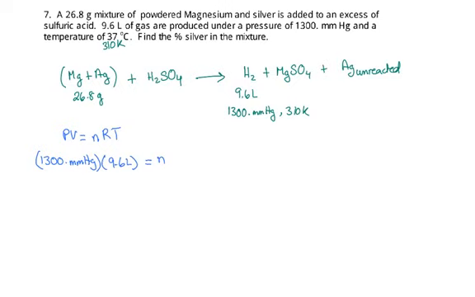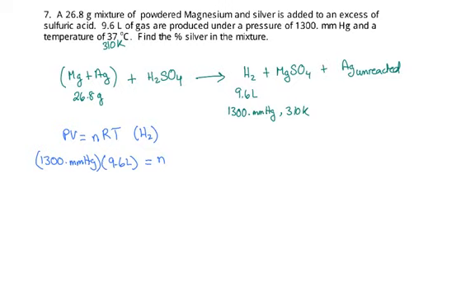Now, I highly recommend that whenever you have a chemical reaction like this and you're using PV equals nRT, you write down next to it what substance you're doing this for. The number one mistake that people make with this type of problem is they solve for moles and then they don't know it's moles of what substance. Some people might think this is moles of magnesium or moles of silver or moles of sulfuric acid.